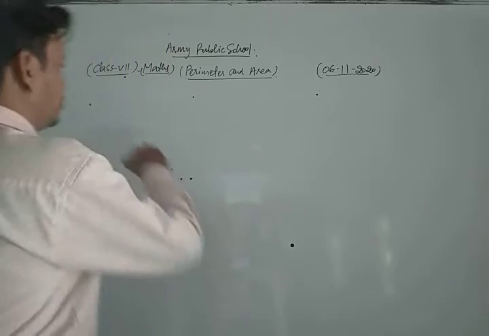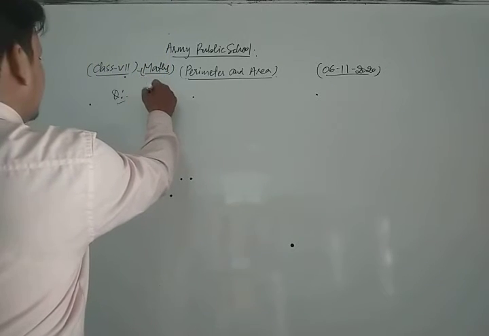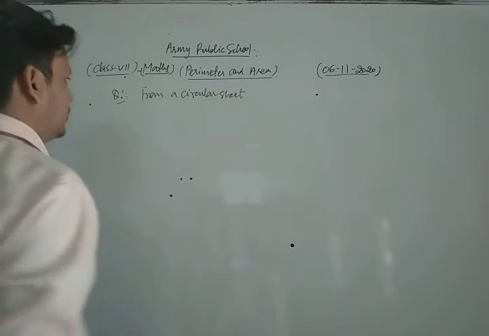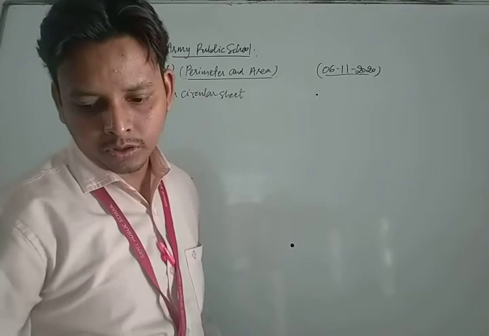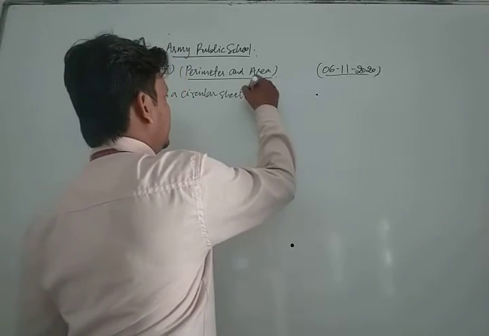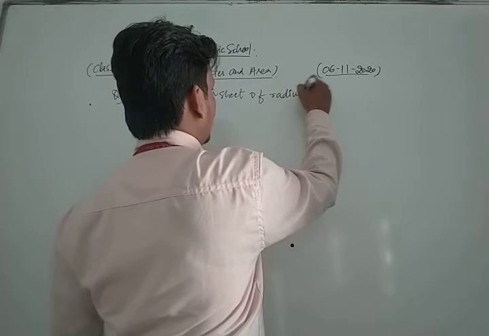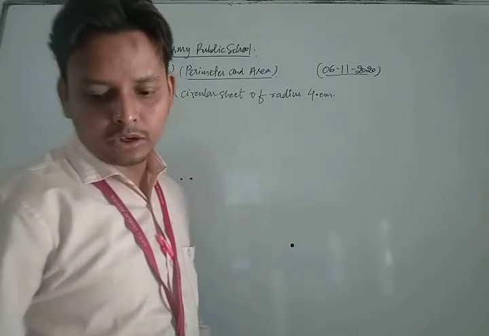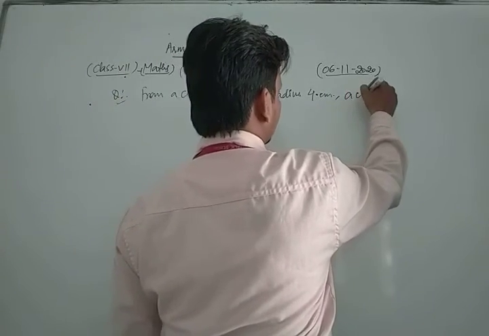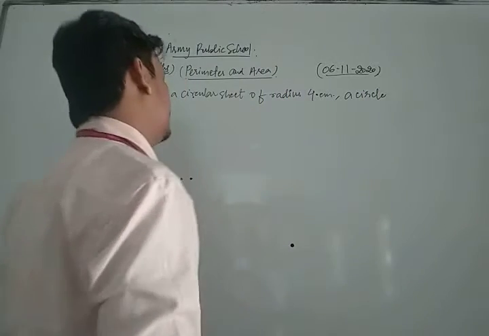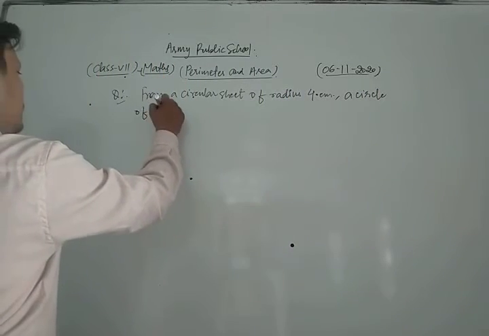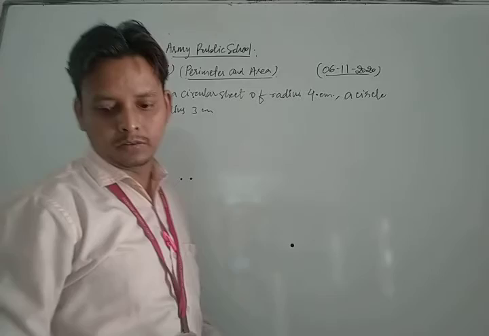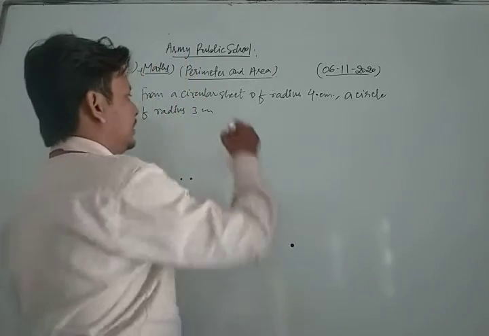From a circular sheet of radius 4 centimeter, a circle of radius 3 centimeter is removed.